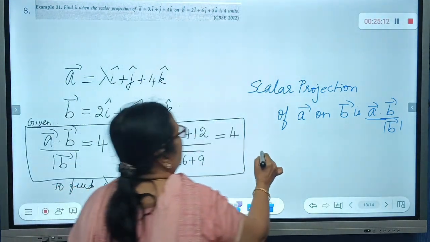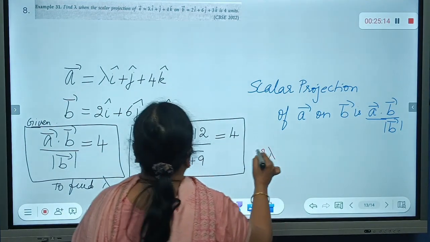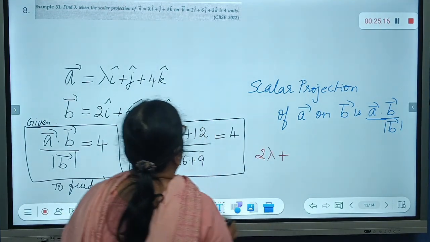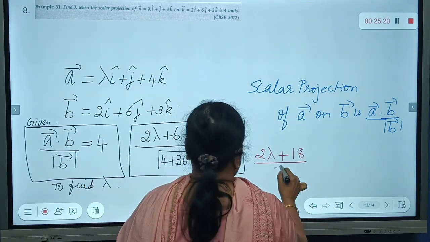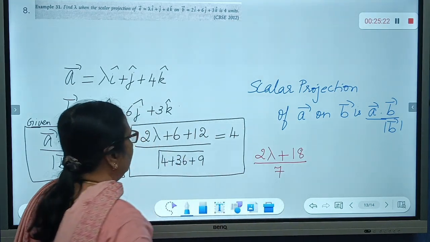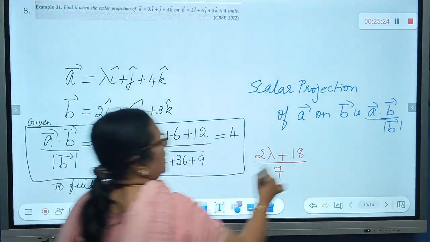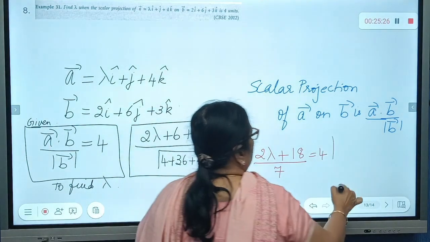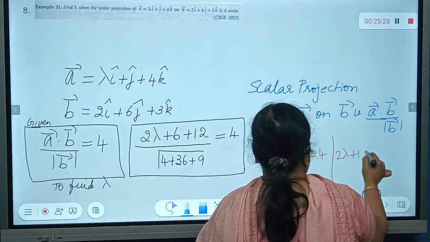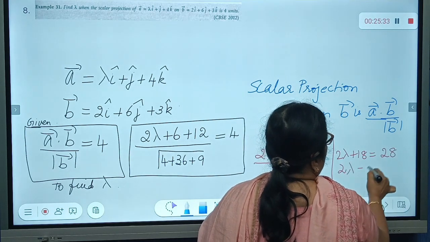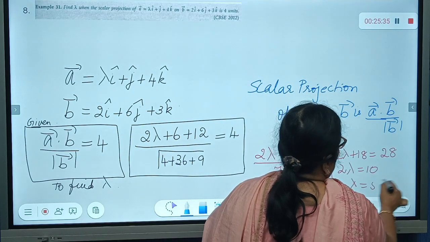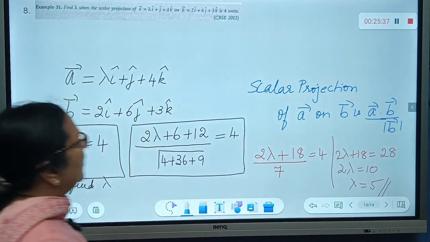Simplifying this, you get 2 lambda plus 18 by 7, because the square root of 49 is 7, equal to 4. That is, 2 lambda plus 18 is equal to 28. So 2 lambda is 10, or lambda equals 5. So the value of lambda is 5.